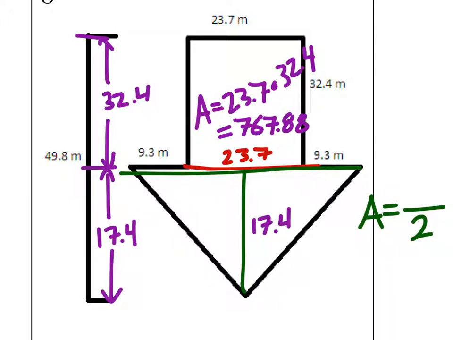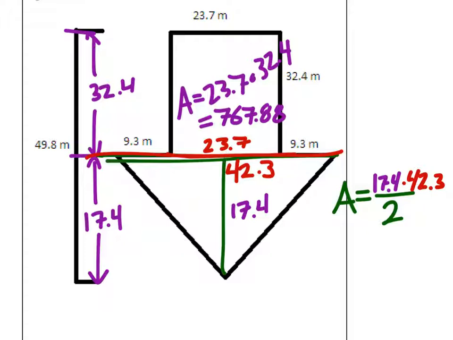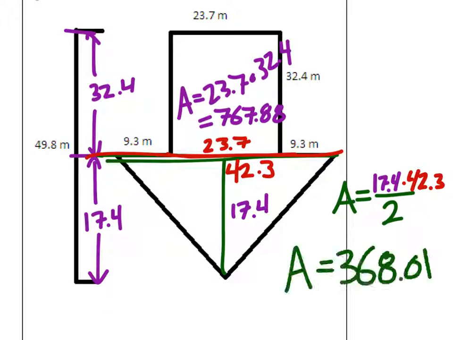So we'll plug that in, 17.4. And we are going to multiply this by the width, which is 9.3 plus 23.7 plus 9.3. So the base of this is 42.3. And we're going to multiply that, 42.3 times 17.4 divided by 2, and that will be the area of the triangle.